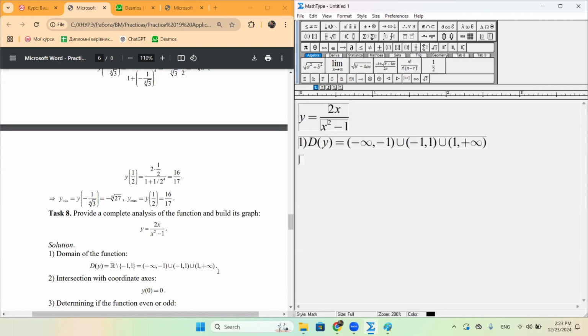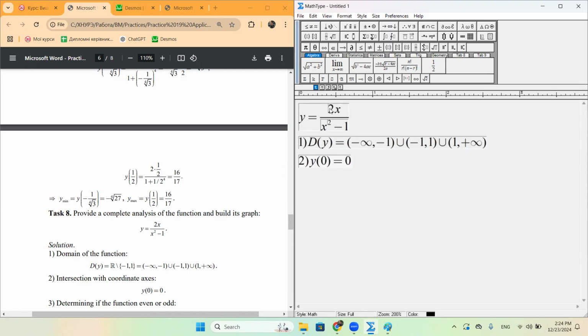Then we need to find an intersection with the coordinate axis. In our case, it intersects at the beginning of coordinates, so at point (0, 0). We can see that y of 0 equals 0.